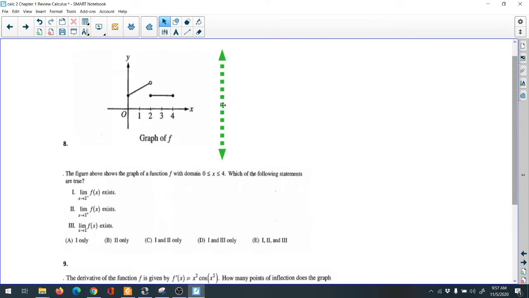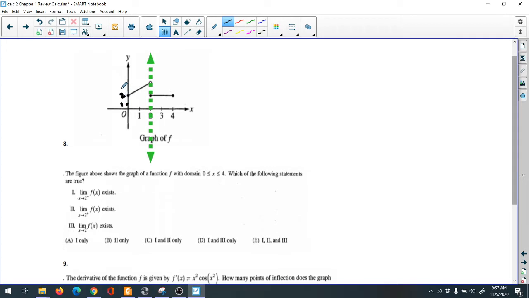Then we draw a vertical line crossing x equals 2 and investigate the limits to the left and to the right. Let's fix the grid here: 1, 2, 3.